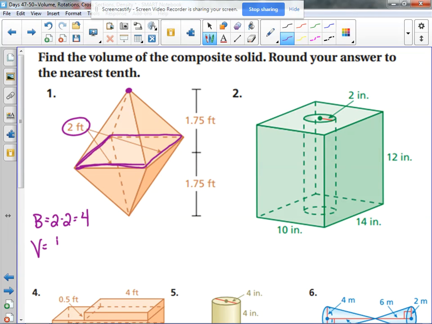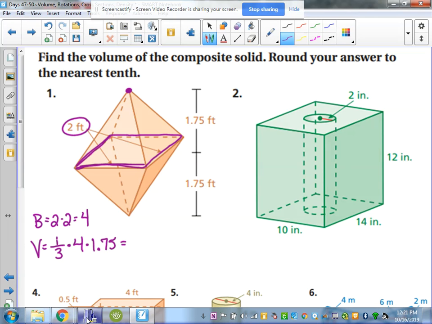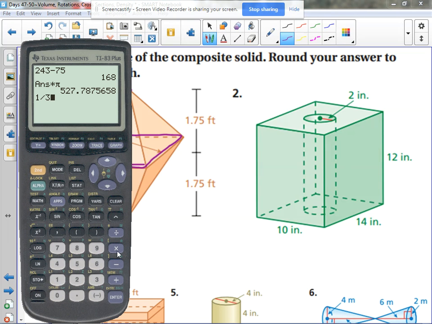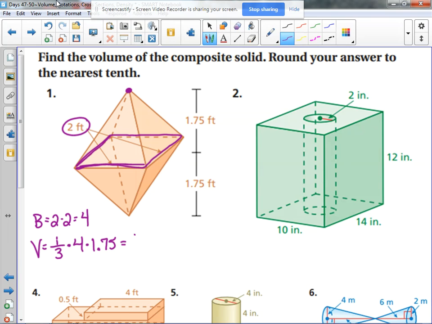So volume of a pyramid, you always start with 1/3 times the area of the base times the height. What's the height of our pyramid? 1.75. Okay, we're just doing one of them. We don't need that entire height because we're just doing one of them right now. So 1/3 times 4 times 1.75. Oh, I don't like that number. Make that a fraction. 7/3 cubic feet.